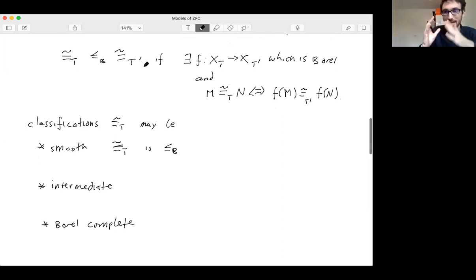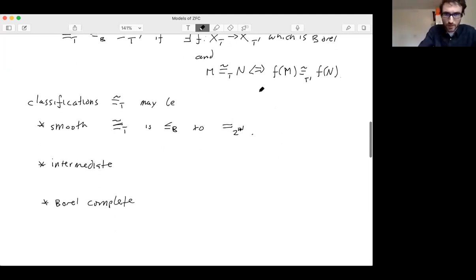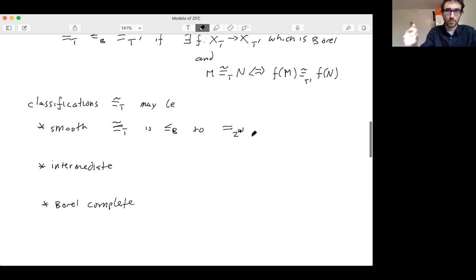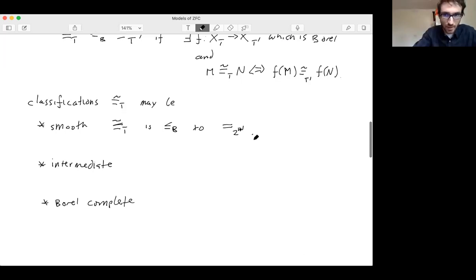So the identity equivalence relation on some Polish space, like 2 to the N. Here, this map F would be behaving as a complete invariant for the classification of models of T. It would mean that f of M is just some infinite binary sequence, which you can think of as a real number or a sequence of zeros and ones, a sequence of true or false questions that completely characterizes M up to isomorphism.